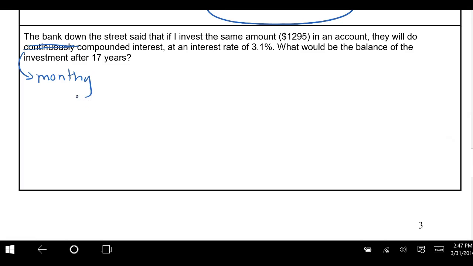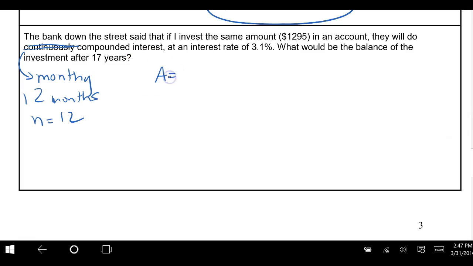And monthly means we have 12 months in a year, so our n is equal to 12 in this case. And our interest rate is going to be 3.1%. What would be the balance of the investment after 17 years?